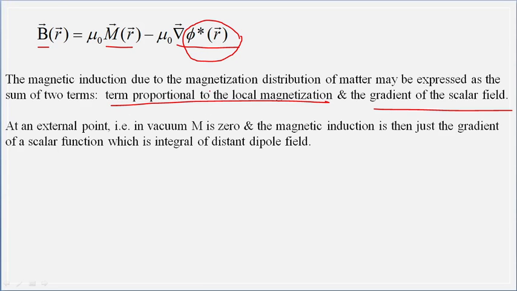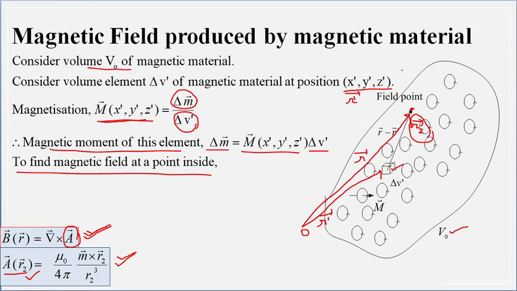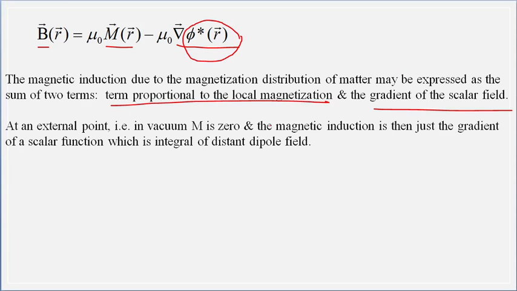Now suppose the point is somewhere outside. Outside there is no magnetization, so M is 0. At an external point there is a vacuum, so magnetization is 0.